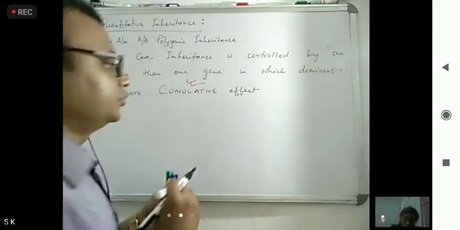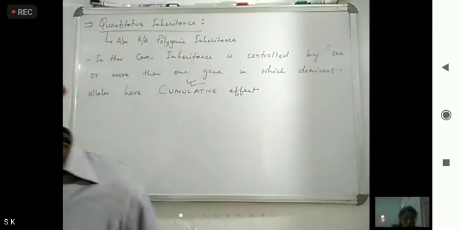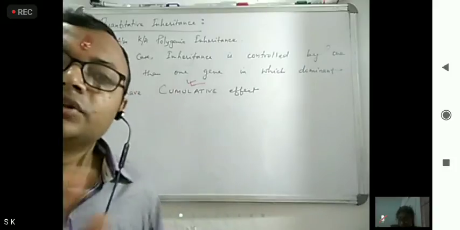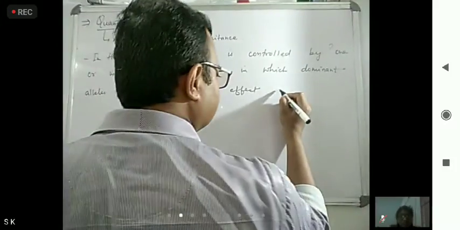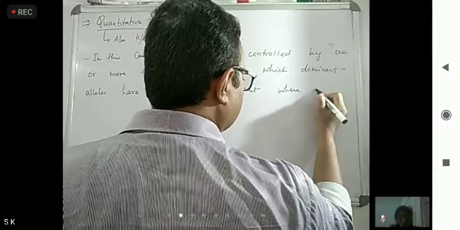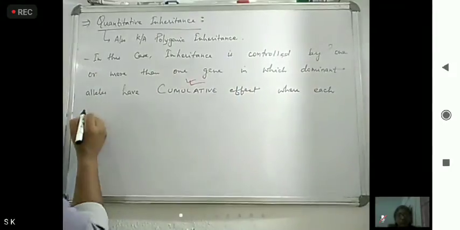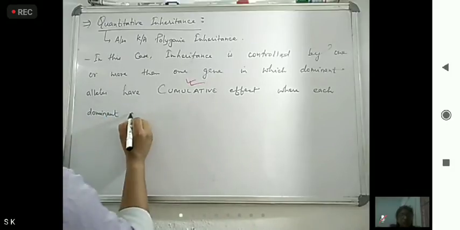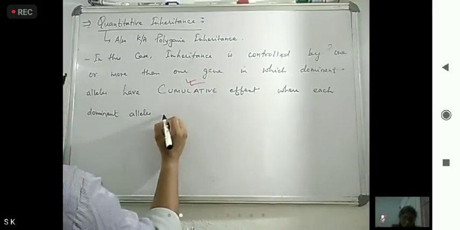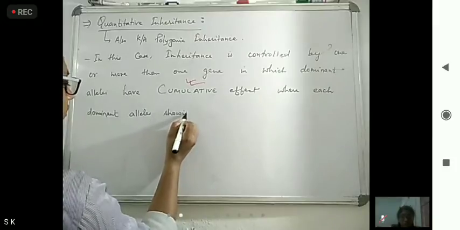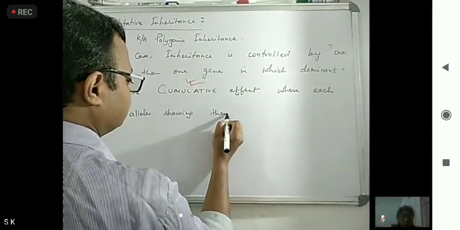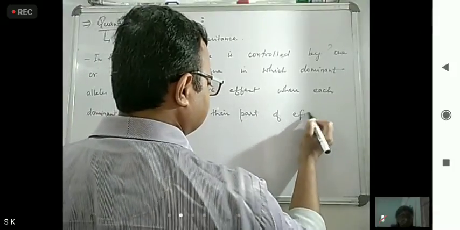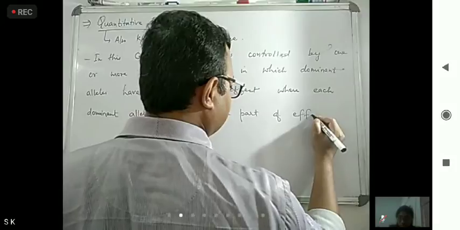What effect are they showing? Cumulative effect, with each dominant allele showing their part of effect.